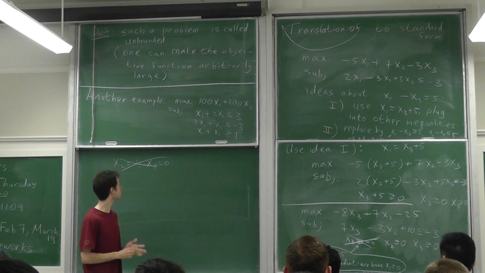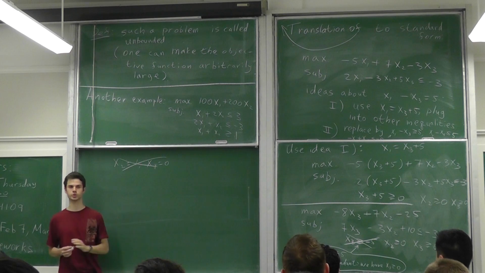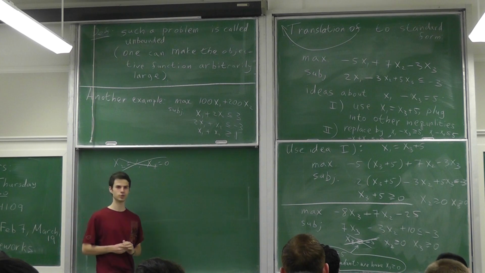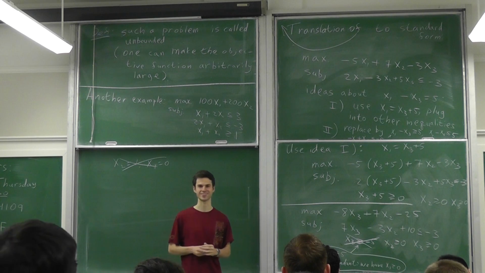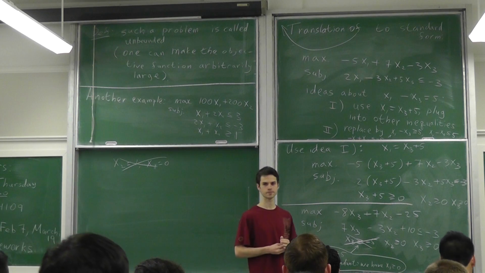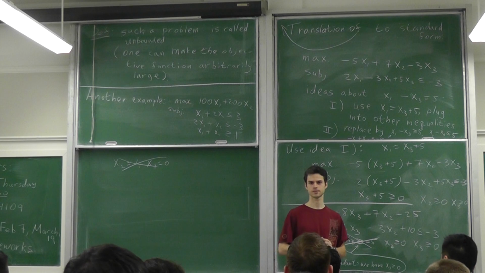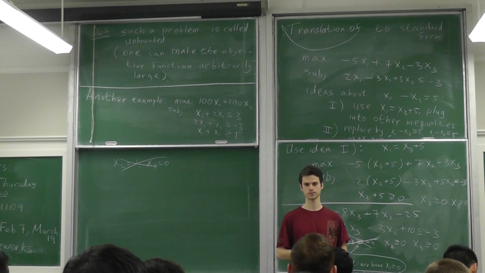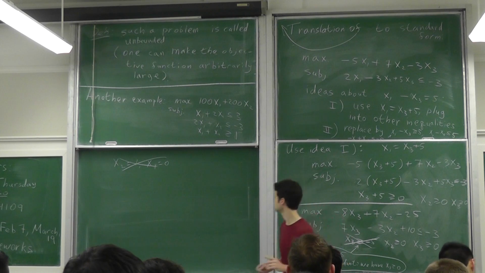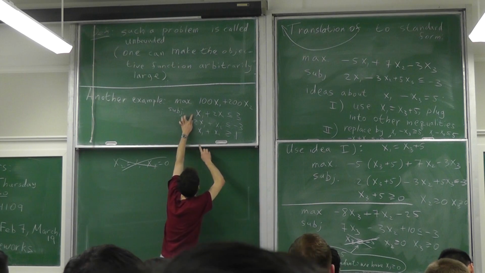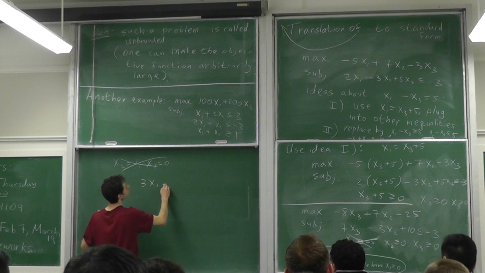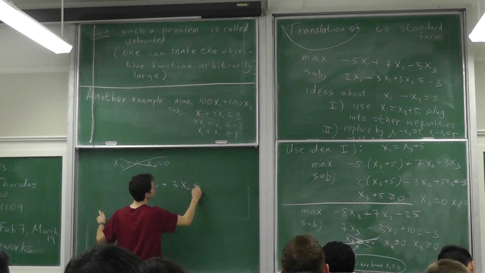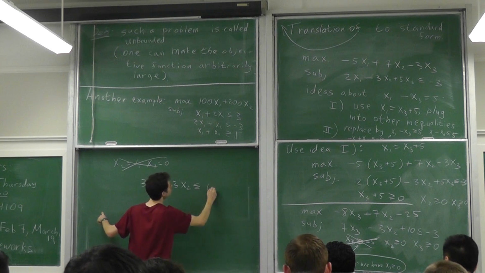So I start to suspect that this problem has actually no solutions. Can you convince me that I'm right, or convince me that I'm wrong? Okay, so if you add the first two constraints, you get 3 times x1 plus 3 times x2 is more or equal than 3 minus 3, which is 0.